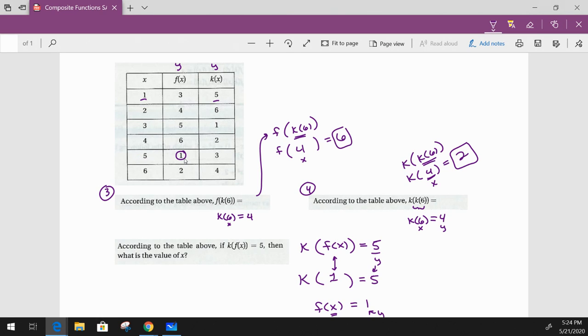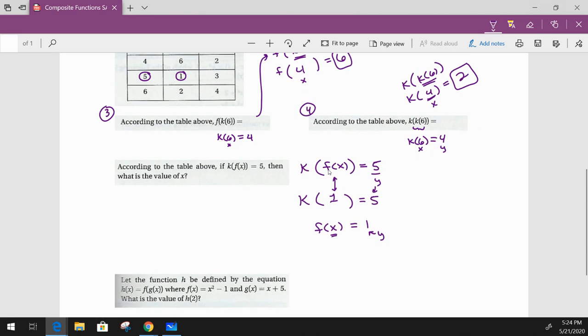The x-coordinate is 5. So f of 5 is equal to 1, which means we just found our x value, because x has to be 5 in order for us to plug 5 into the f function, and get 1, and then substitute 1 into the k function, and it would equal 5. All right, so that's question number 5.